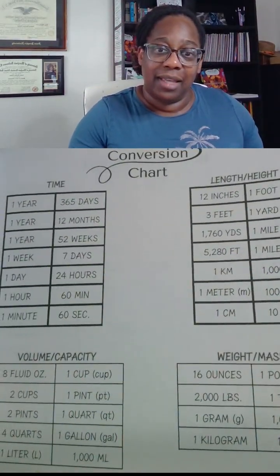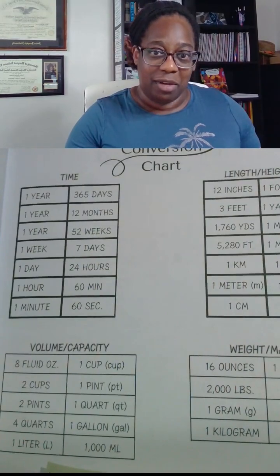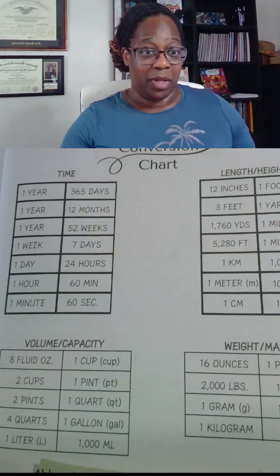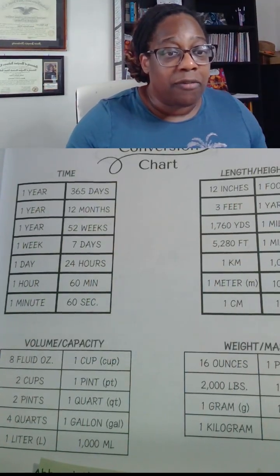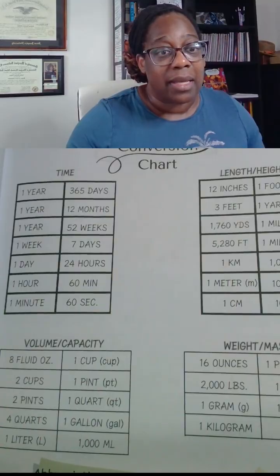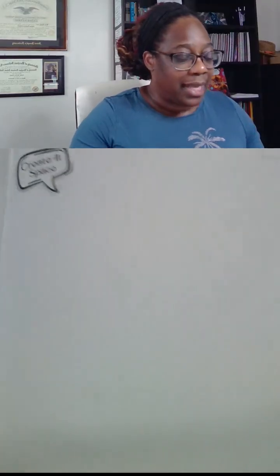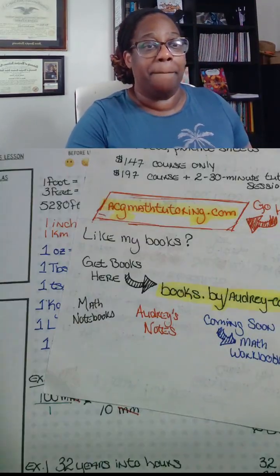And then, hey, looky here, the conversions that you mostly see for pre-algebra, algebra 1. All right. Math formulas like interest rate. No, I don't have interest rate in there yet. Maybe the next edition I'll have interest rate.